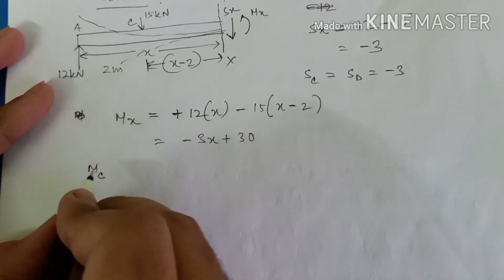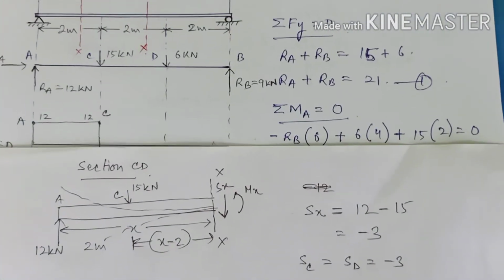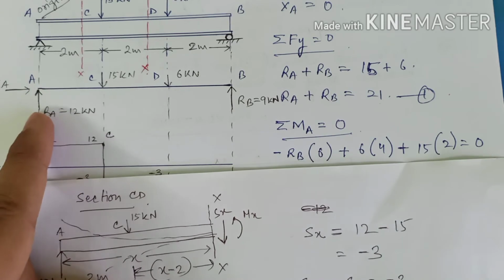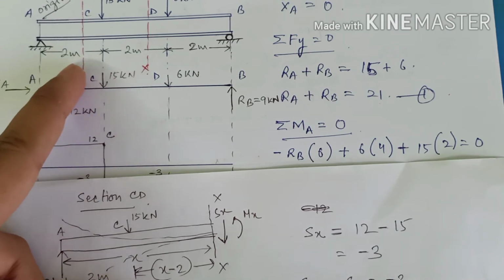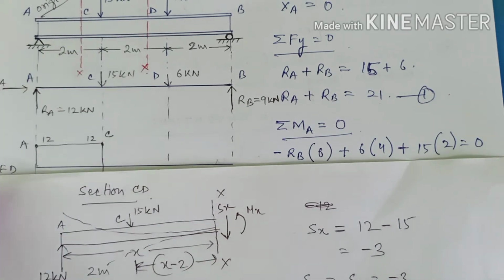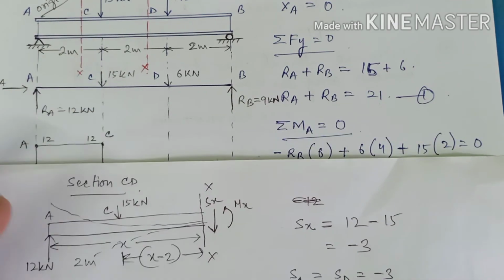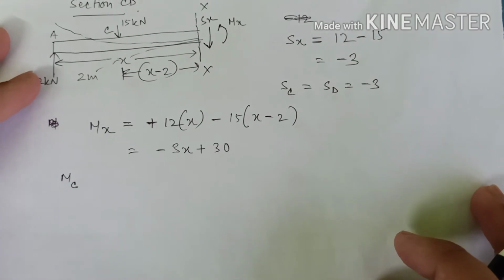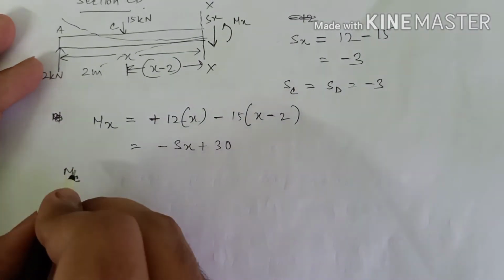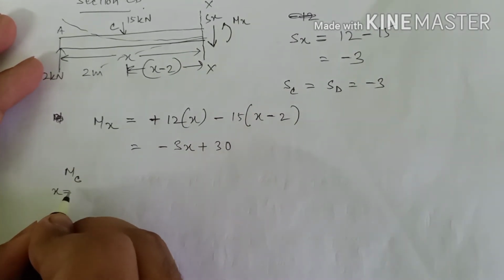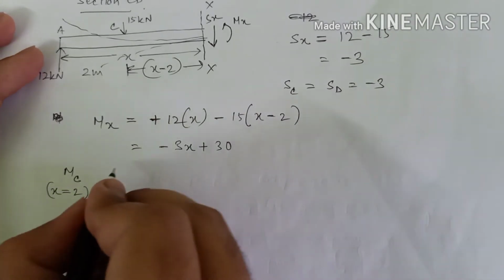The point C is two meters from the origin, right? So for calculating the bending moment at C, we have to assume x equals 2, right?